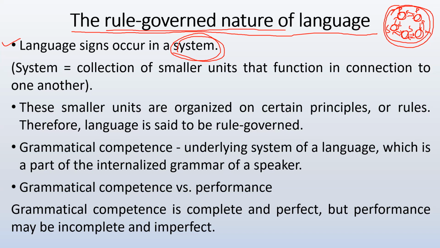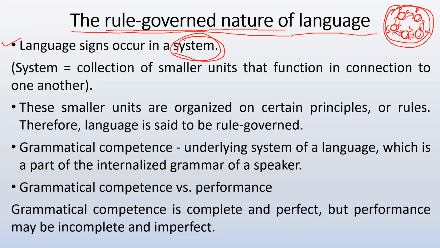Right. So there are further points here. These smaller units are organized on certain principles or rules. Now we'll come to the point because we are talking about the rule governed nature of language now, right? The rule governed nature. So we know now language functions as a system. That we know.